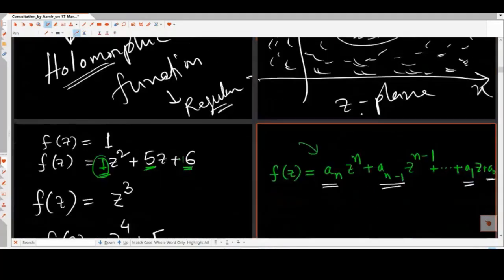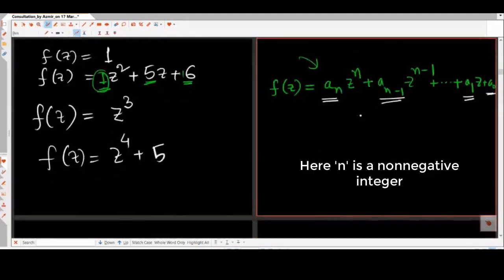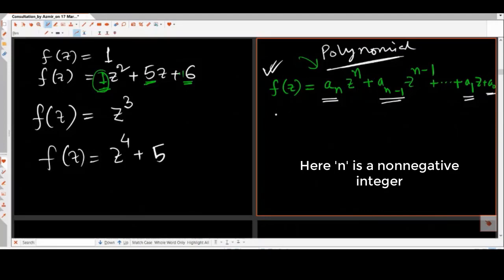So which functions are entire functions? Any polynomial function is an entire function. So polynomial functions have the general form, this one. For example, you can think about this, and this.